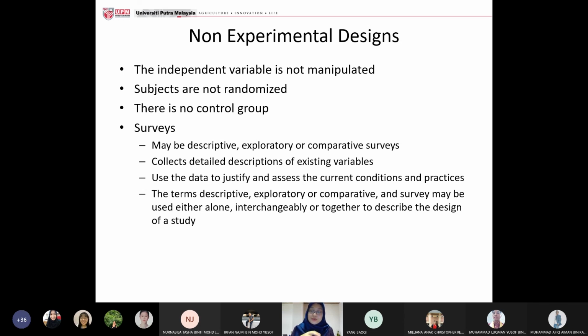You gather the data qualitatively, and from there you might get 10 causes, and then you do your quantitative study.